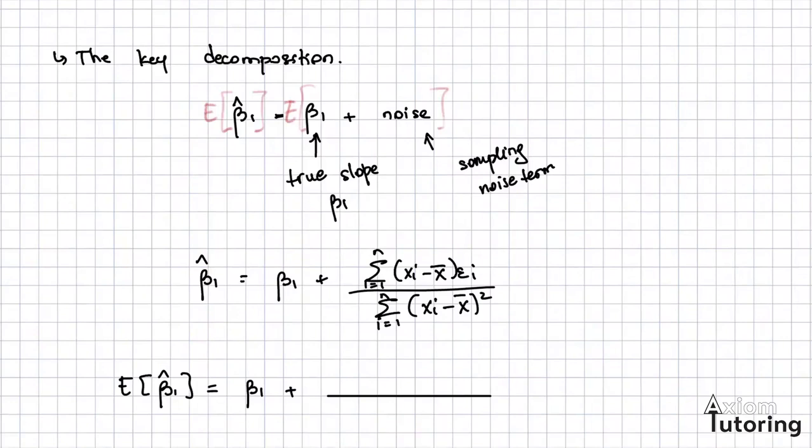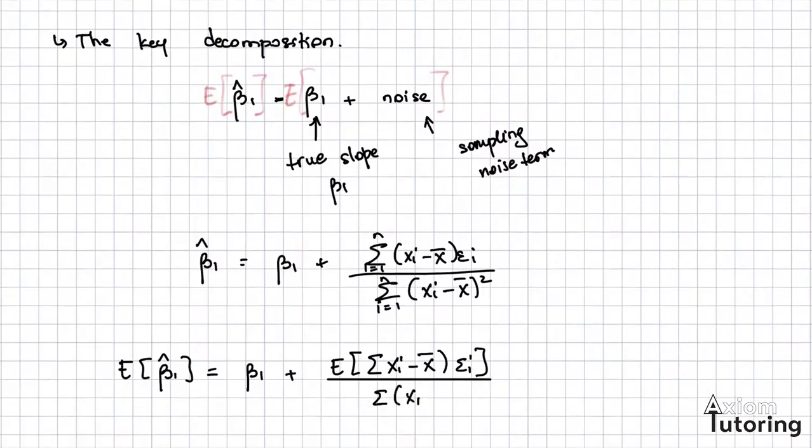So I can write that as the expectation of the sum of xi minus x bar times epsilon i, and I'm just going to leave the bottom as is, with i from 1 to n.